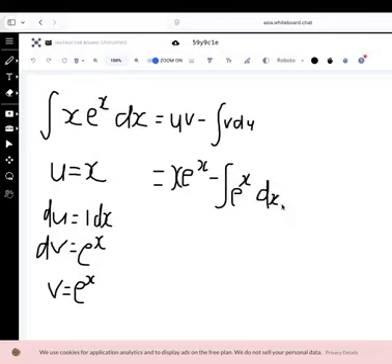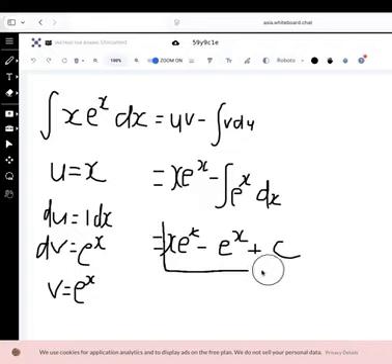And the integral of e to the x is just e to the x. So we have x times e to the x minus e to the x plus c. And this will be the final answer.